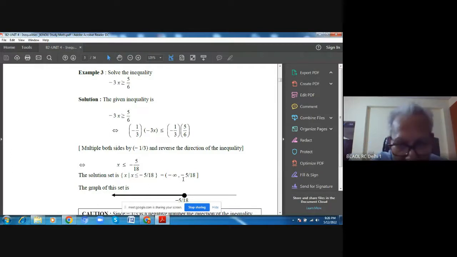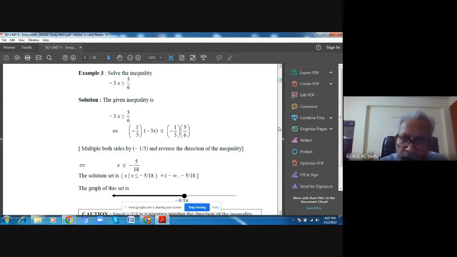In inequality, there are also 5 marks questions, and simply you have to be careful about the direction. And this is in the case of multiplication. If you compare 2-3 examples, then you can understand the things clearly.